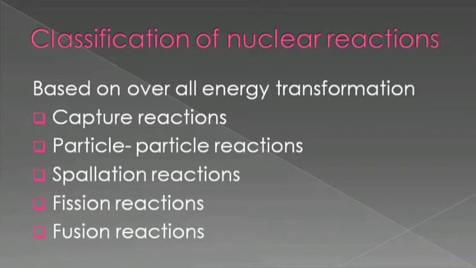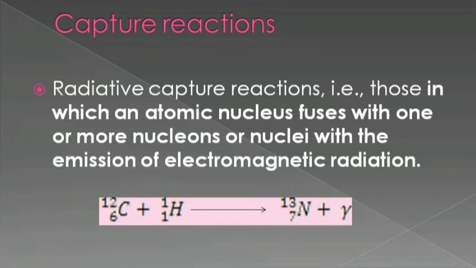According to this classification, there are five types of reactions: capture reaction, particle reaction, spallation reaction, fission reaction, and fusion reaction. So let's start with the capture reaction. The radiative capture reaction is one in which an atomic nucleus fuses with one or more nucleons or nuclei with the emission of electromagnetic radiation.